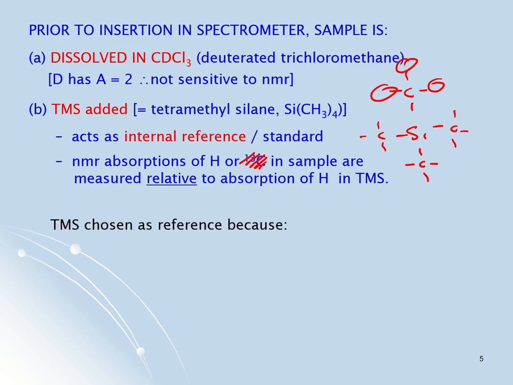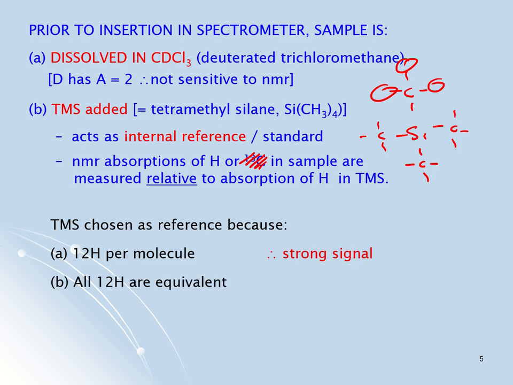Now why is TMS such a good internal reference? Well, first of all, it's got 12 hydrogens or 12 protons per molecule, so it's got loads of hydrogens. It gives you a really strong signal. The second thing is, this is really important, it only gives you one signal. All of those hydrogens are in the same environment. They're what we call chemically equivalent.